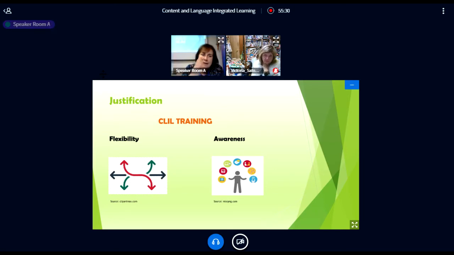So this means that CLIL needs flexibility on pedagogies. And on the other side, we should remind that the awareness of different pedagogies should lead to different tools and different strategies founded in them.